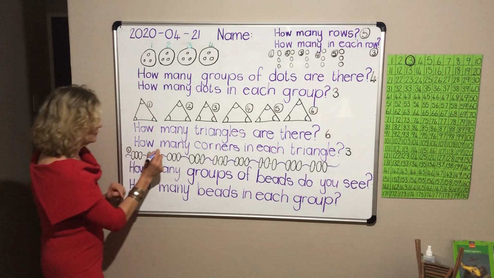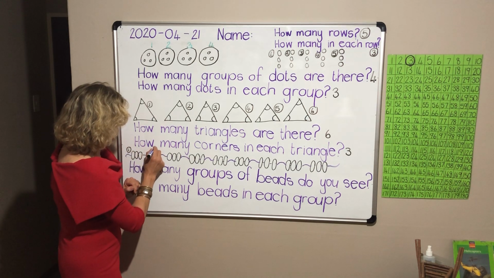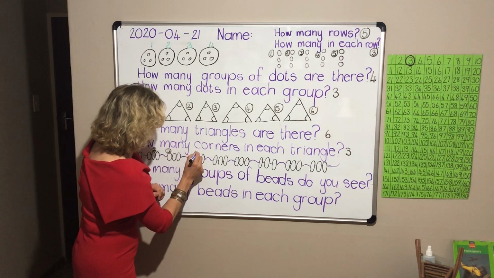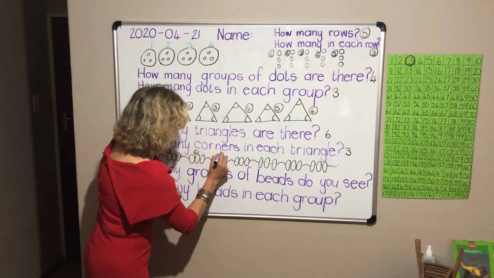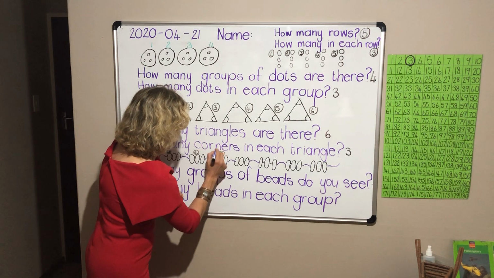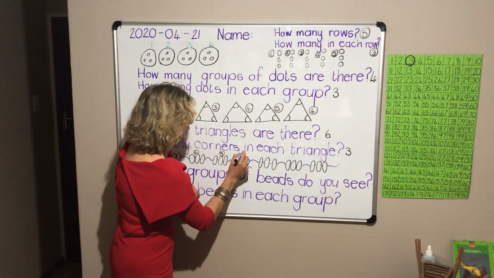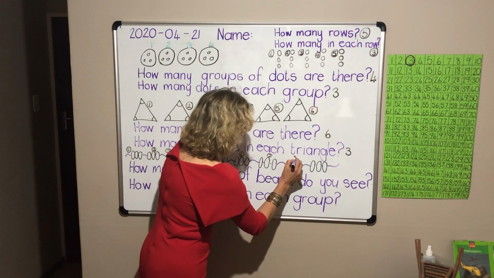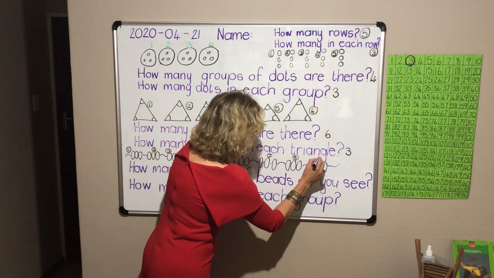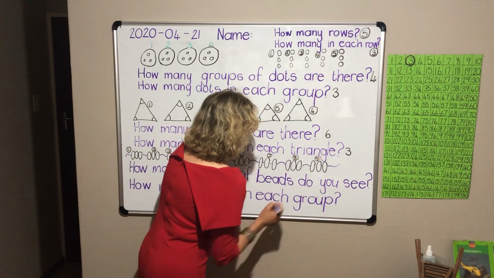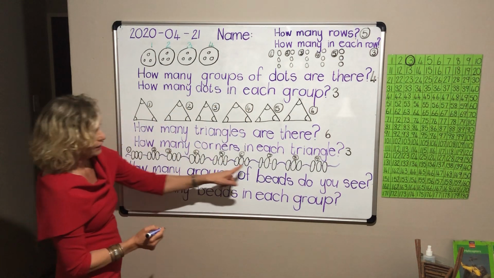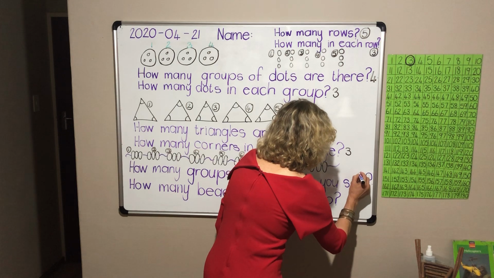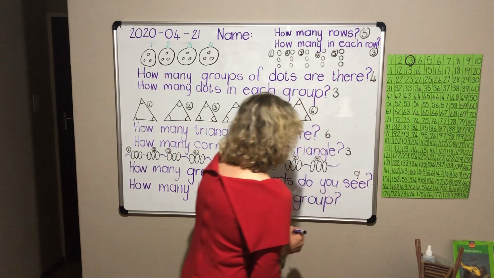There's 1, 2, 3, 4, 5, 6, 7, 8, 9. I have 9 groups here. So the answer to this top question here is 9.